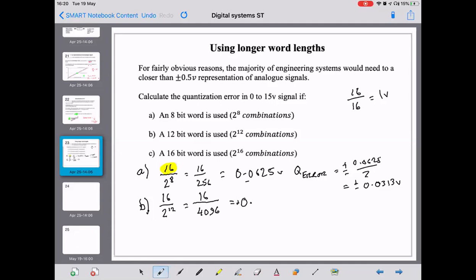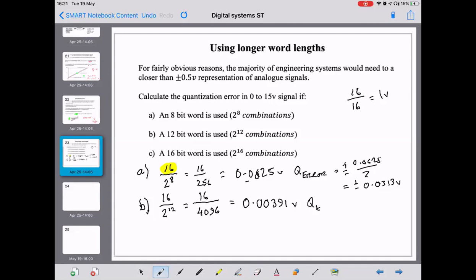That's plus or minus as well. Quantization there is plus or minus. So what's 16 divided by 4096? 0.0039, 391. 3 significant figures, 391 volts.